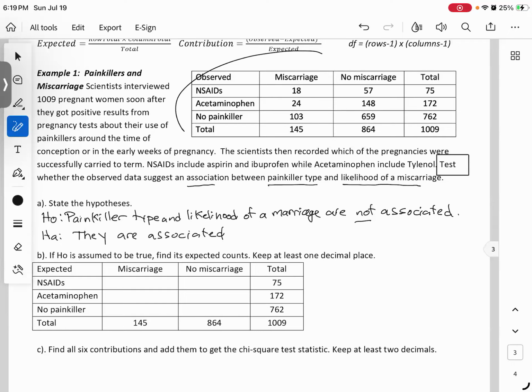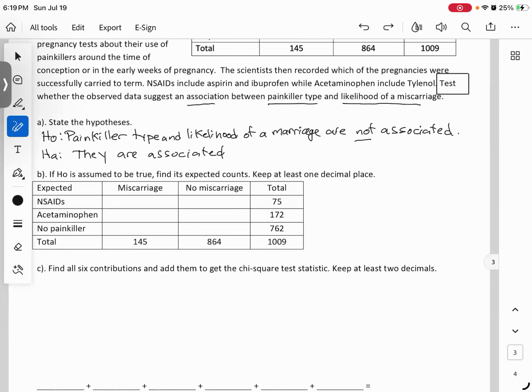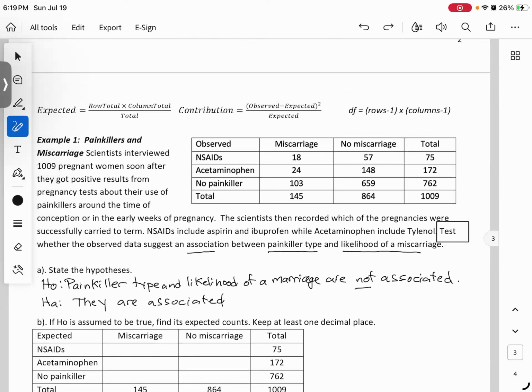Now, keep in mind, these are the values that were actually observed when they collected the data from the women. If the null is true, what values would we be expecting? And that is where we're going to bring in this first little formula that I've got a little circle around, which says to take the row total times the column total divided by the total.